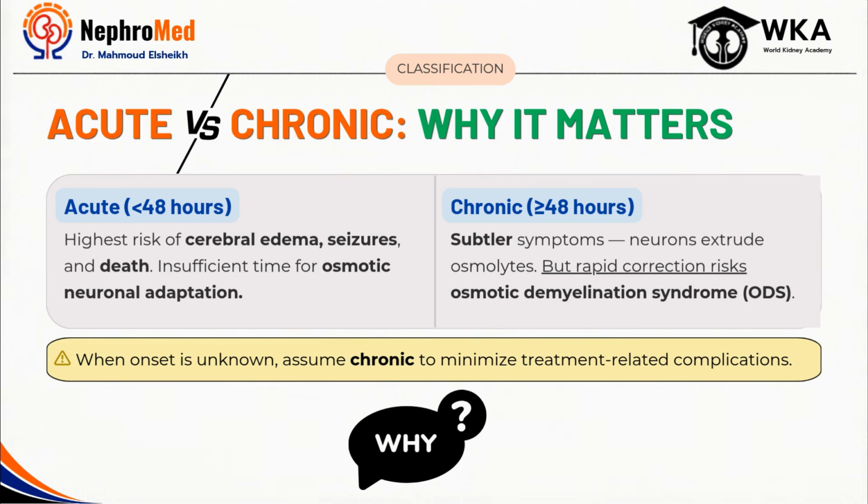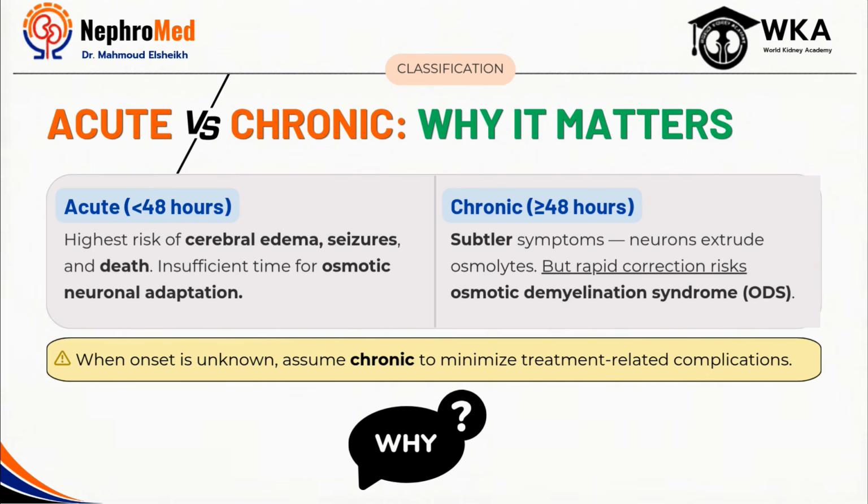Now in chronic hyponatremia, the situation is different. Over time, brain cells begin adapting by extruding intracellular osmolytes and reducing intracellular water content. That adaptation partially protects against cerebral edema, which is why symptoms may actually appear mild despite very low sodium levels. But this adaptation creates a new danger.